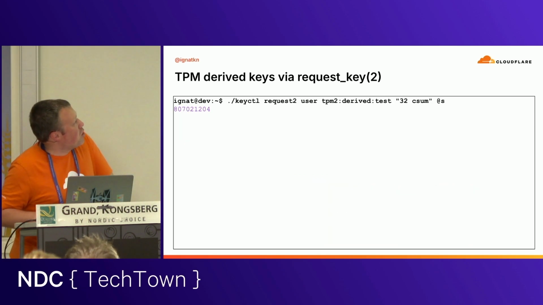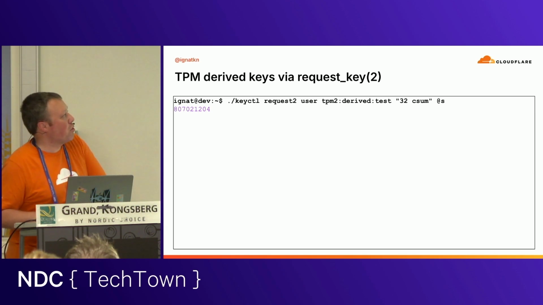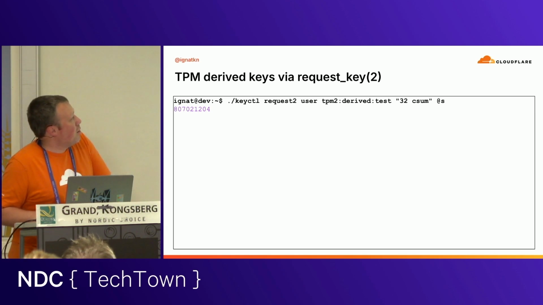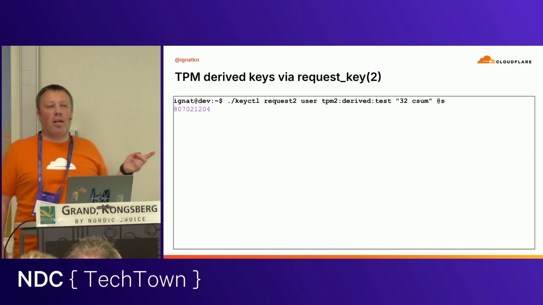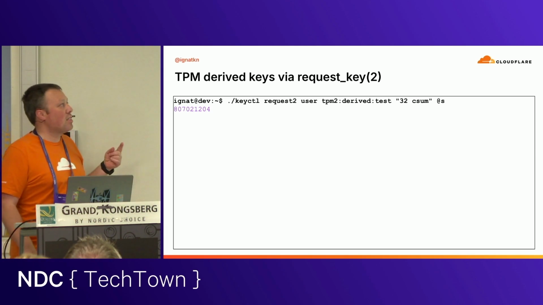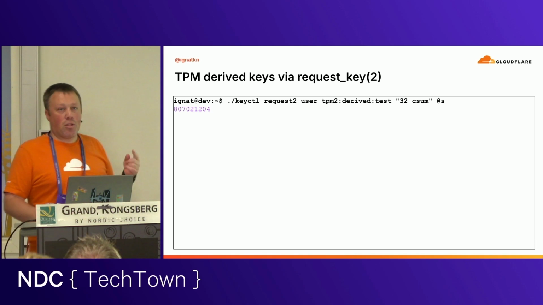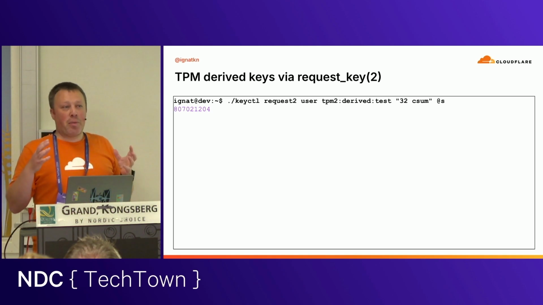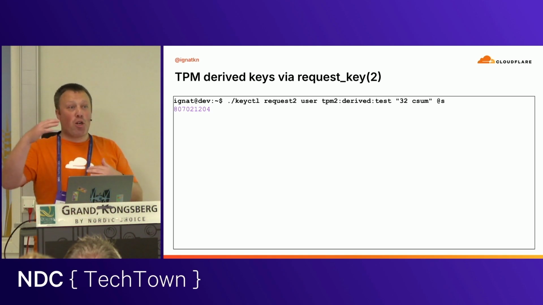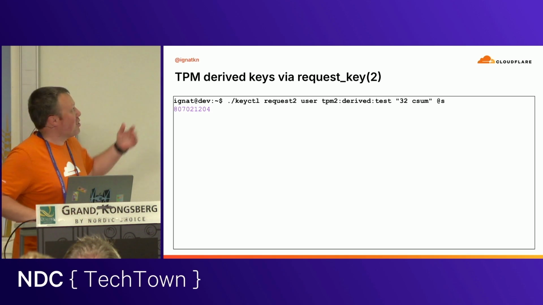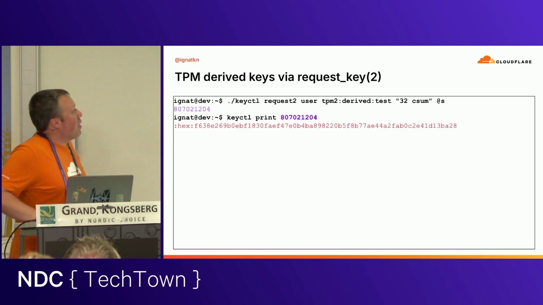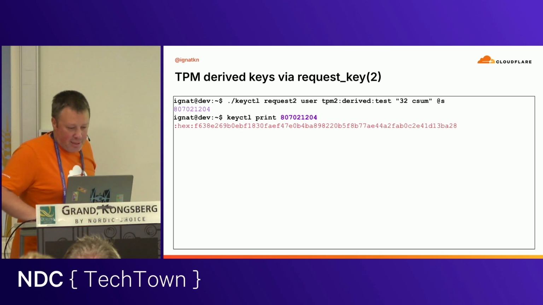There is a second mode which I implemented, which I think might also be useful. Instead of the path, what I want to ask the kernel key store to consider is the application checksum. So instead of application-specific metadata, it will actually be the code that requested the key, the text, right? Which is really interesting. We can generate the key and read it back. We get some bytes, right?